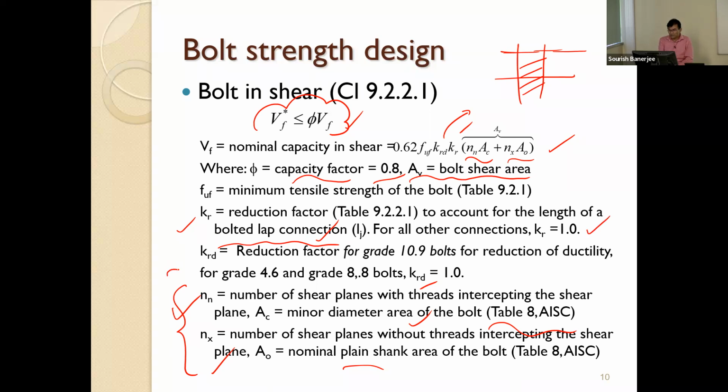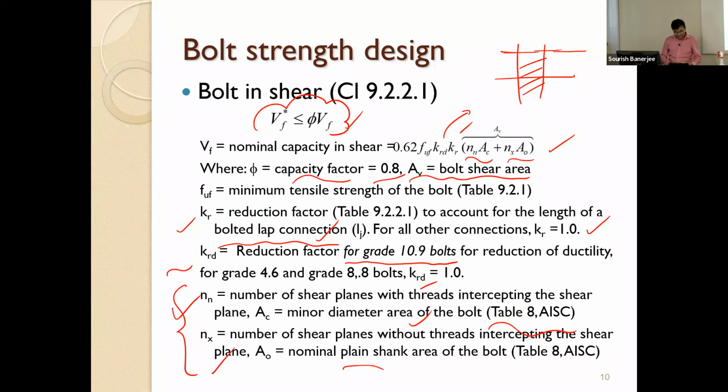Now, the new factor which is introduced in the standard is k_rd, which is a reduction factor only for grade 10.9 bolts. That means it is not for 4.6 or 8.8 grade bolts. It is a reduction factor for high strength 10.9 grade bolts for the reduction of ductility, and for grade 4.6 and 8.8 bolts, k_rd equals 1.0.